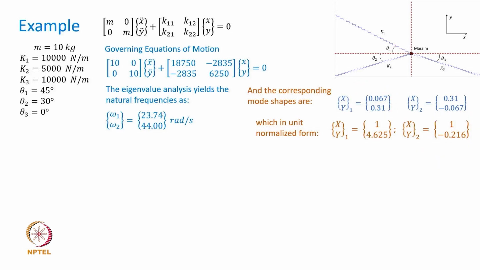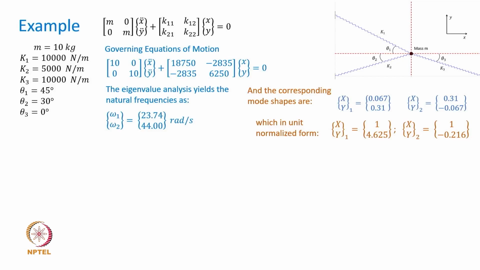Now this is the unit normalized form for the spring mass system as it has been configured in this case, with numeric values which are obtained like this. Now what is going to be the general response of this mass when it is perturbed from its equilibrium position?